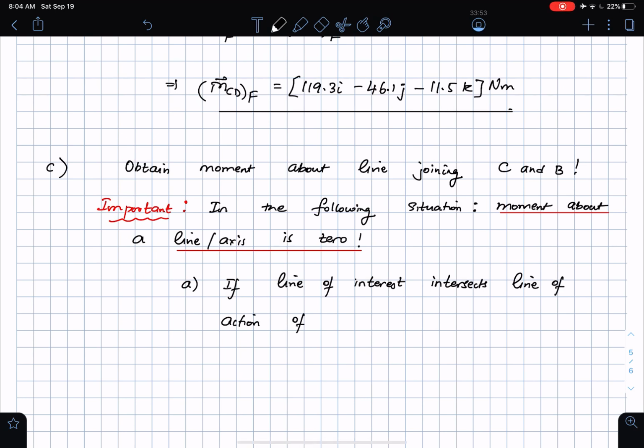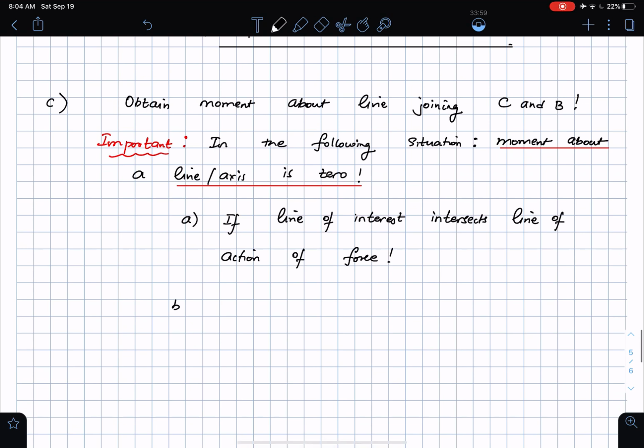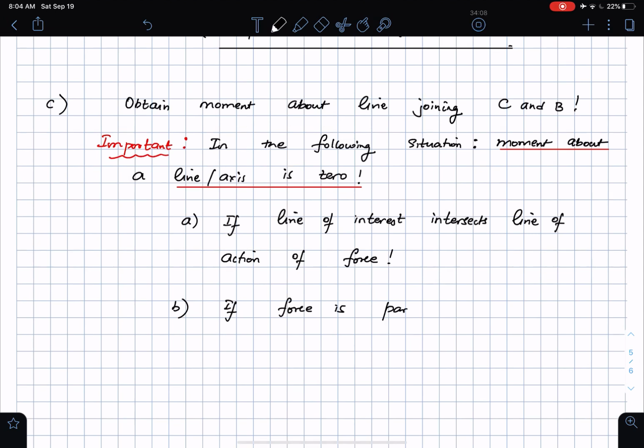That is one situation where the moment can be zero. The other situation where the moment can be zero is if the force is parallel to the line of interest. So if the line of interest intersects the line of action of the force, then the moment is zero.